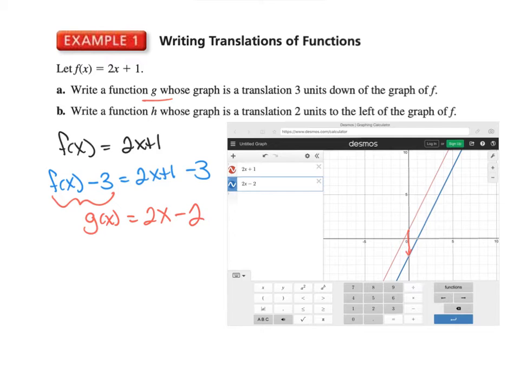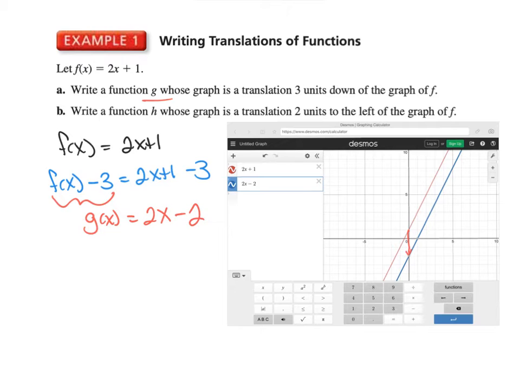And since it's a horizontal shift, it's right and left, it's going to be inside the function. So f of x plus 2. We're going to put x plus 2 into our function.